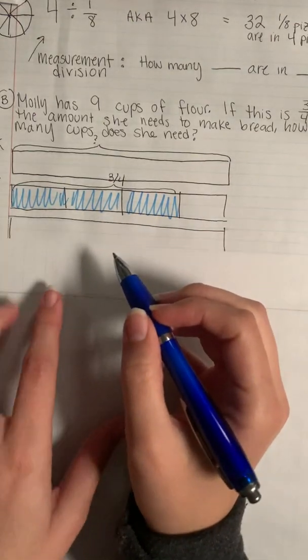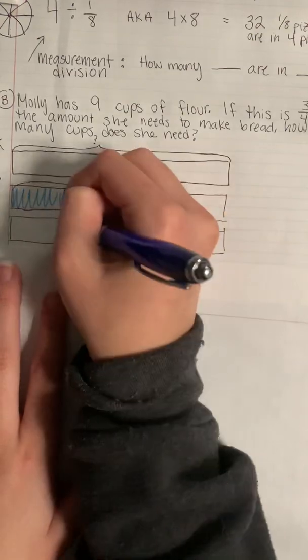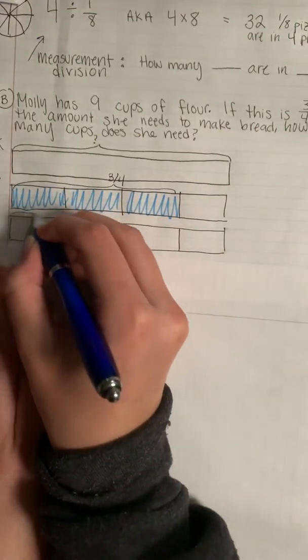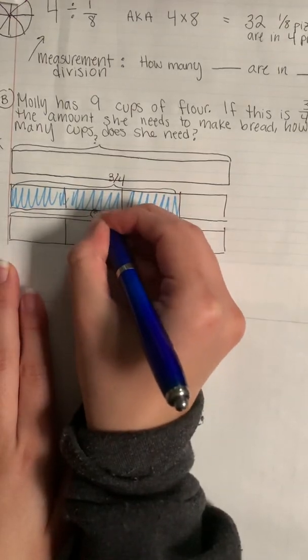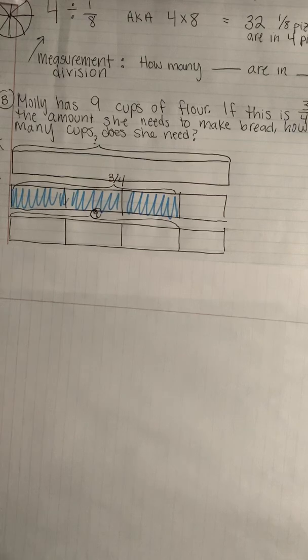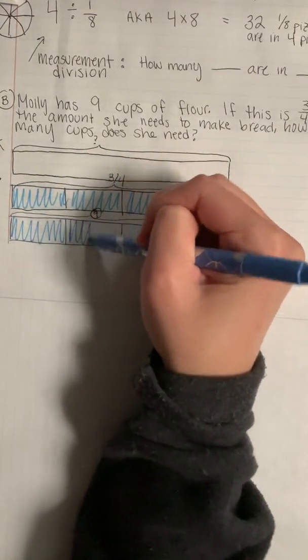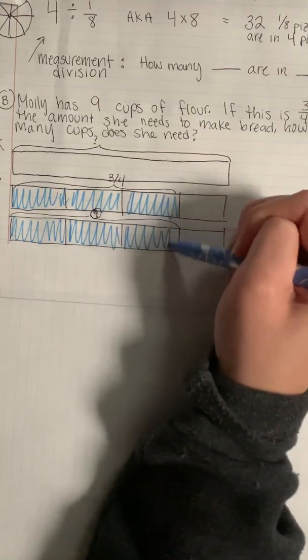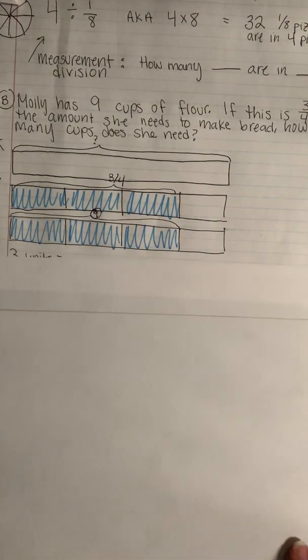because she has 9 cups. So 9 is equal to that 3/4, and that's the same amount as the 3/4. So I'm going to shade in the same amount of blue. Okay, I can kind of use my tape diagram to break down this problem.